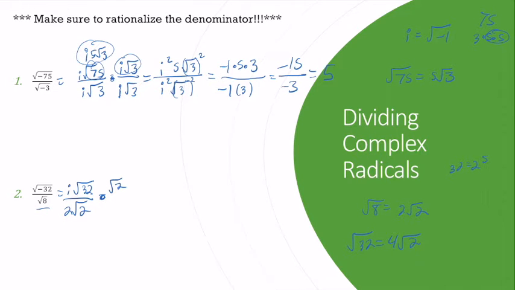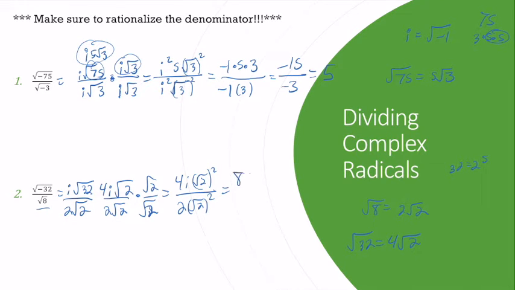So now I have 4i square root of 2 over 2 square root of 2. And I have to multiply by the square root of 2 on the top and on the bottom. That's going to give me 4i square root of 2 squared over 2 times the square root of 2 squared. Well, that gives me 8i over 4, which is just 2i.